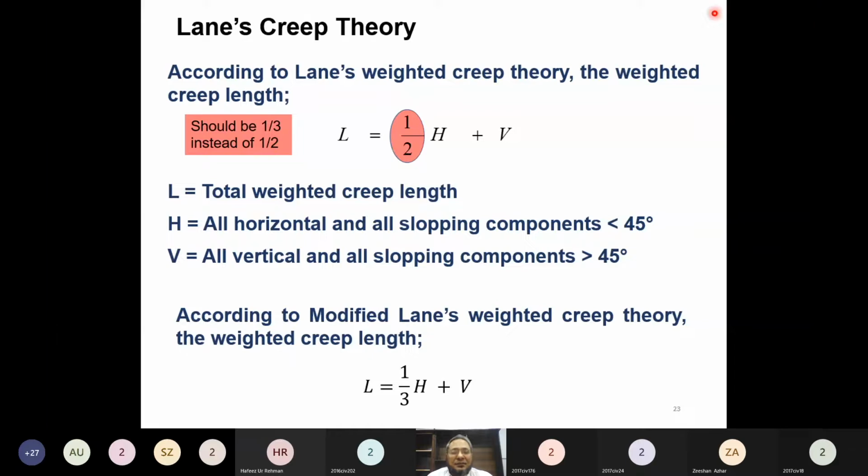One is the uplift pressure, and second is the undermining or piping. So all these three theories, maybe Bligh's theory, Lane's theory, and the Khosla theory, give us how to compute the uplift pressures accurately, and what is the solution to control the undermining or piping. That basically we have discussed.